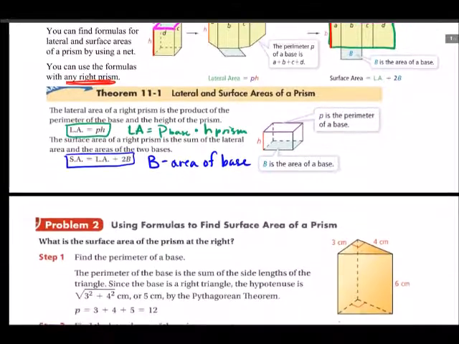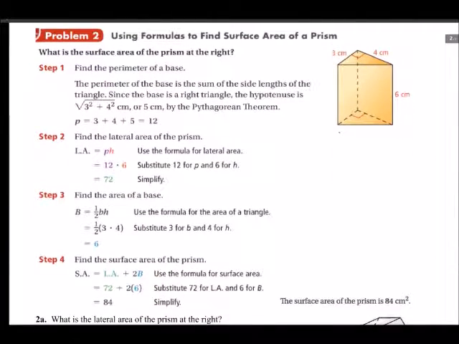Well, let's take a look at how this works. Let's find the surface area of our prism using a formula. The first thing we're going to do is figure out where our bases are. We find the two congruent parallel faces, and those happen to be the triangles on the top and the bottom. So step 1 is to find the perimeter of a base. Well, how are we going to do that?